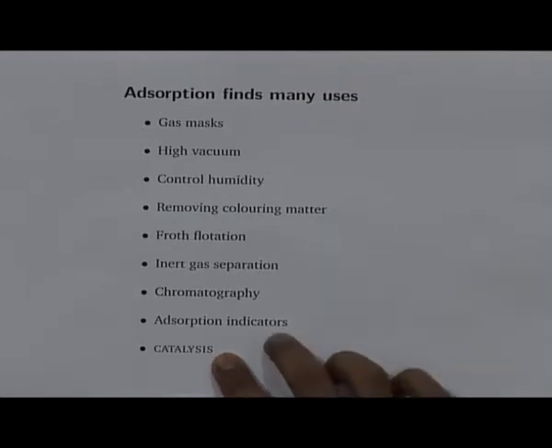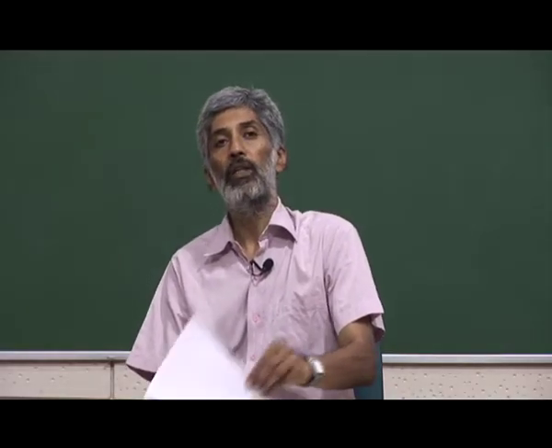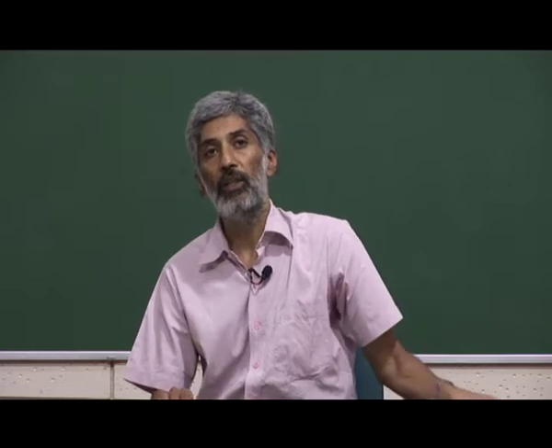and that is catalysis. You have just probably gone through a discussion on chemical kinetics in an earlier unit of your textbook. And in chemical kinetics, what we are interested in is the rate of the reaction.